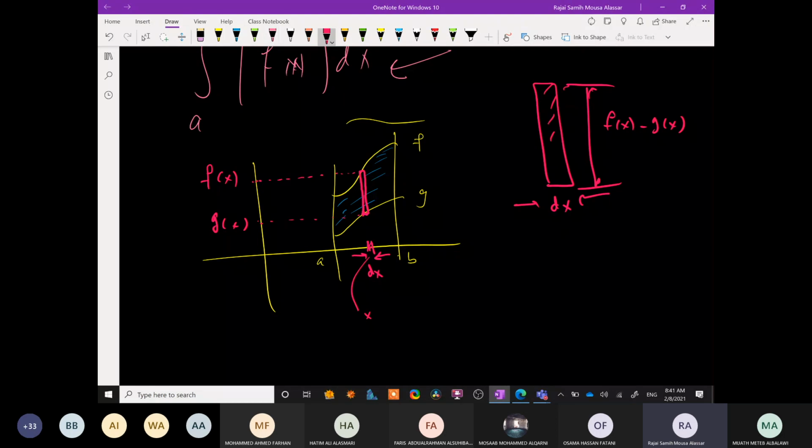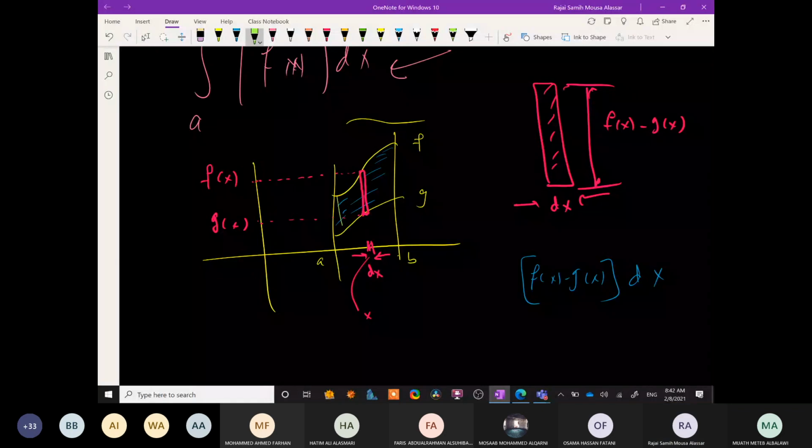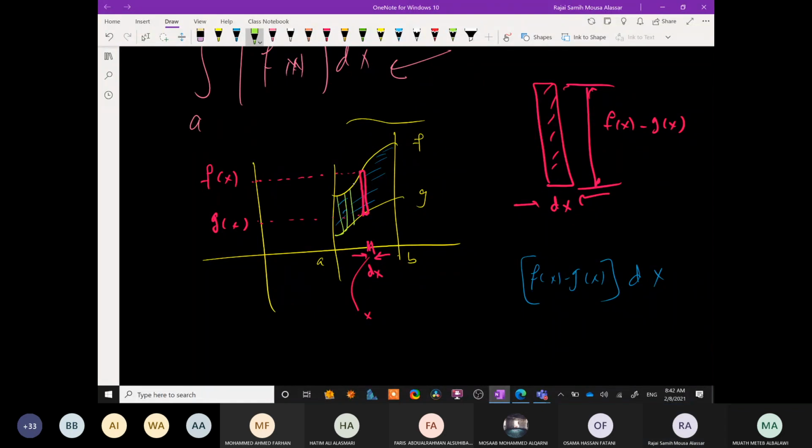And what is the area of this rectangle here? Dx multiplied by f of x minus g of x. And now how many rectangles do you have here? Infinity. Yes, you have plenty of rectangles, and you want to add them. So you want to add this rectangle to this rectangle to this rectangle.